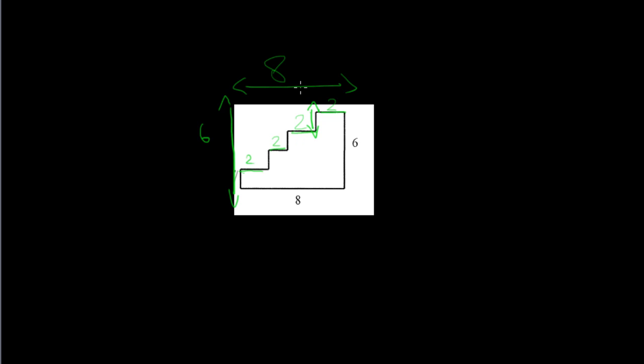Now again, it looks like you're working out the area of a rectangle. It's the perimeter of a rectangle again. And in some senses you are, but what they've actually done is just made the shape a bit more complicated, and this is what they'll do in the exam.